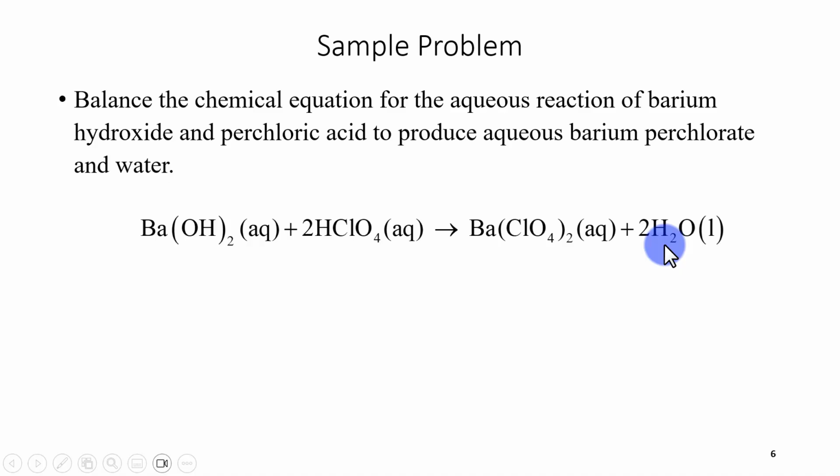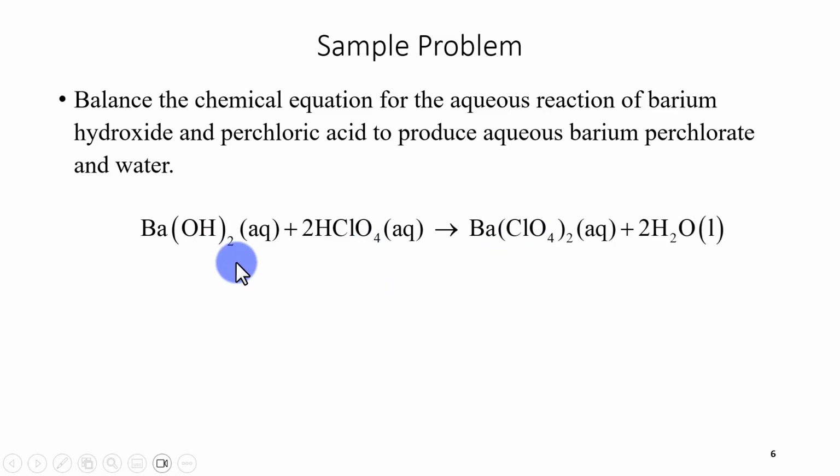So my hydrogens are balanced. What about the chlorine? I have 2 times 1, that's 2 chlorines on this side. 2 times 1, the subscript is not there, but that's a 1, it's supposed to be a 1, we just don't write it. 2 times 1, that gives me 2 chlorines. So those are equal to each other.